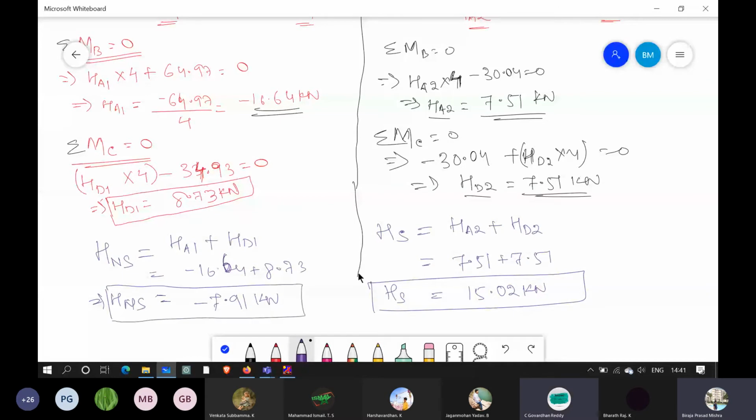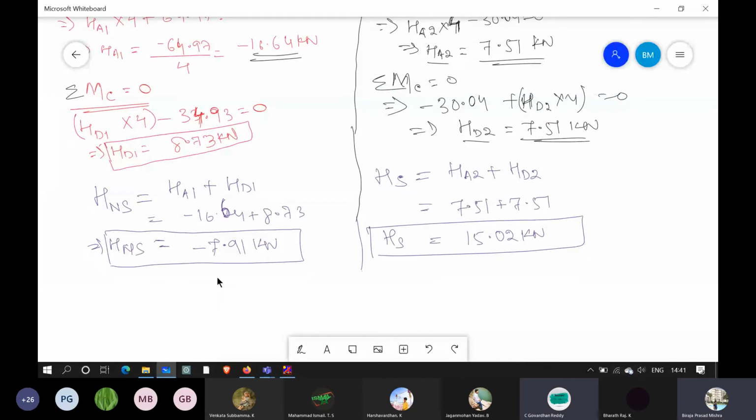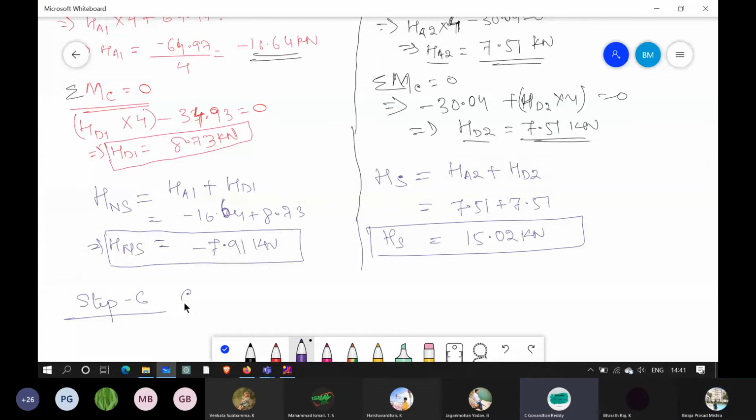Now in the next step we have some more concepts. The shear correction is step 5. The next one is step 6, that is the correction factor.